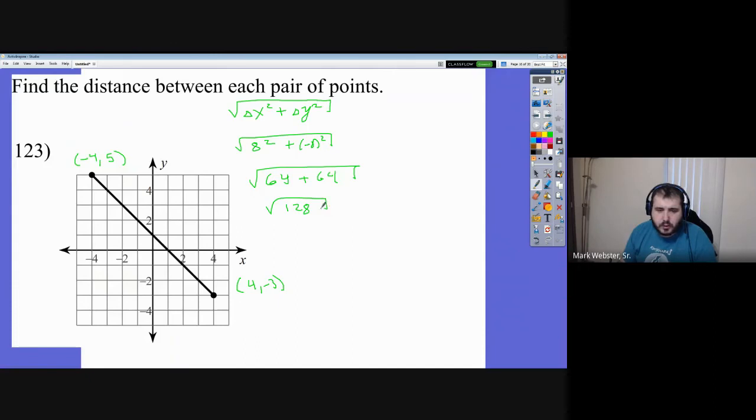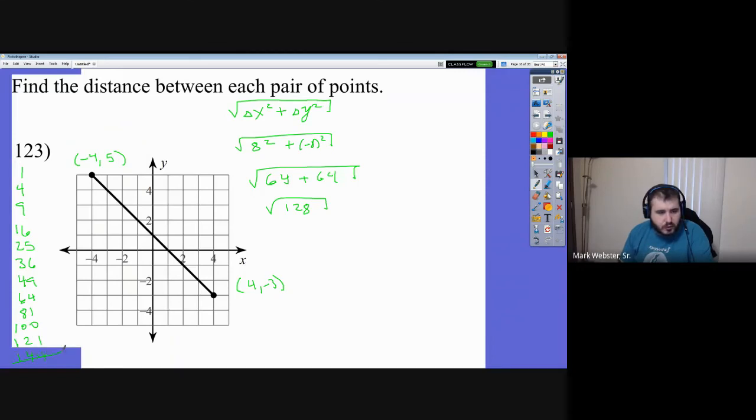And then it becomes a question of, all right, well, I want to find the perfect square that goes in here if possible. Let's go through and check. 1 squared is 1, 2 squared is 4, 3 squared is 9, 16, 25, 36. I'm just going to keep on going. 6 squared, 7 squared, 8 squared, 9 squared, 10 squared, 11 squared, and then 12 squared is 144.